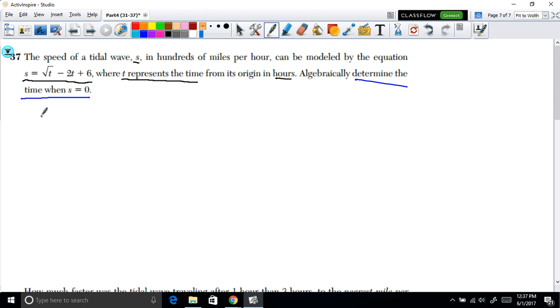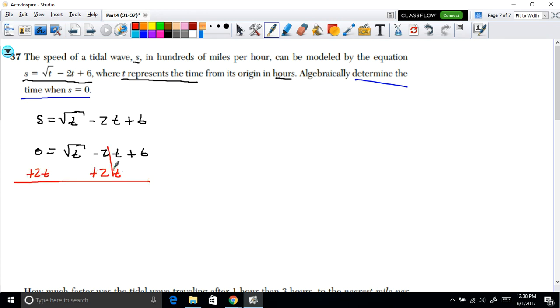So what we have here is our formula, s equals the square root of t minus 2t plus 6. We want to know what happens when s is 0, so let's plug in that 0. Now we want to solve for t. Every time you have a square root of t, what I suggest is to isolate the square root.